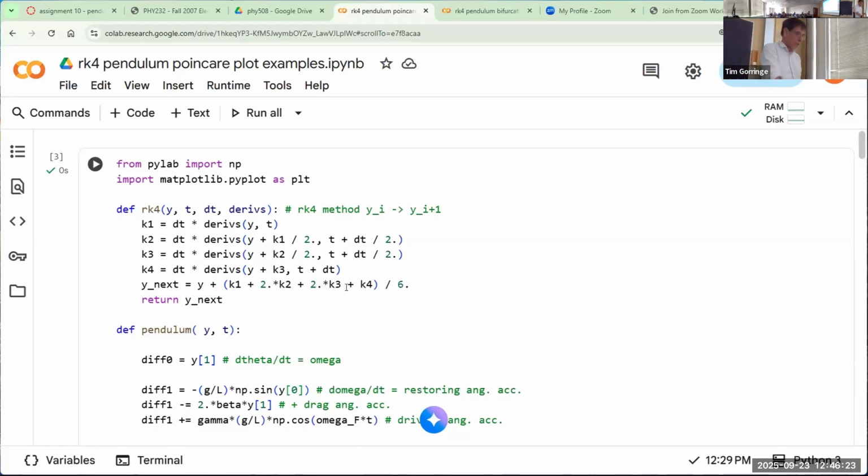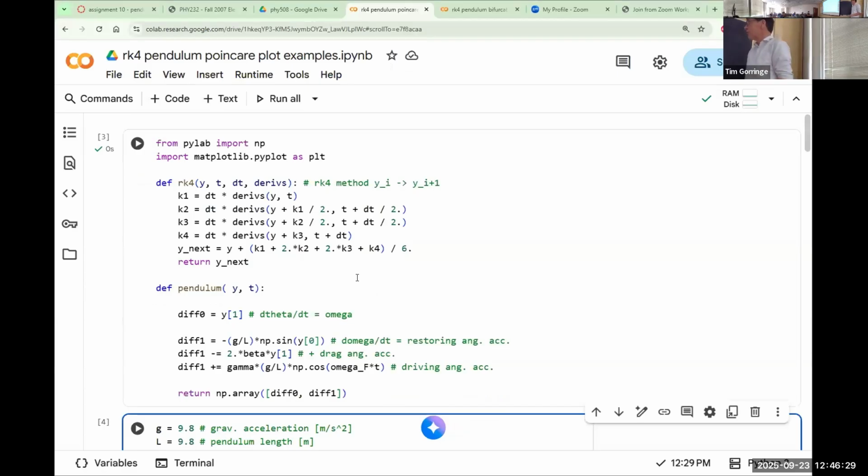So a lot of it I'm going to skip through, but just as a reminder, there are a couple of user functions that I have always been defining over the last handful of classes. They define the ordinary differential equations that we're solving, and define the Taylor approximation method that we're using to solve them.